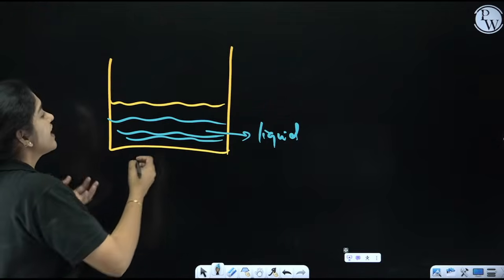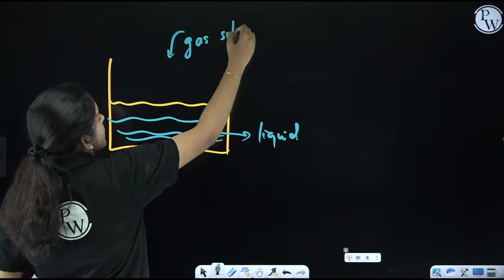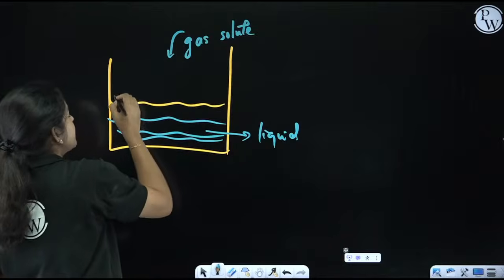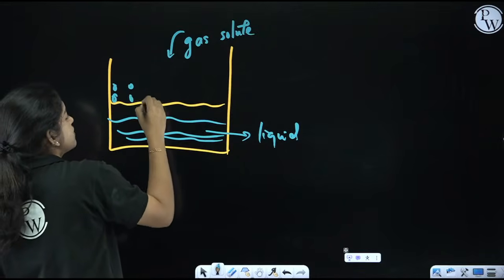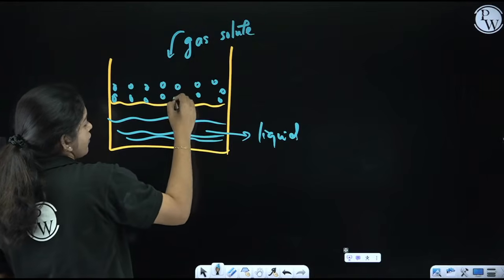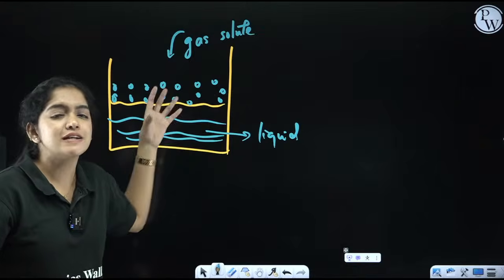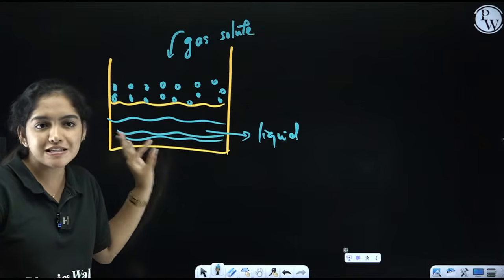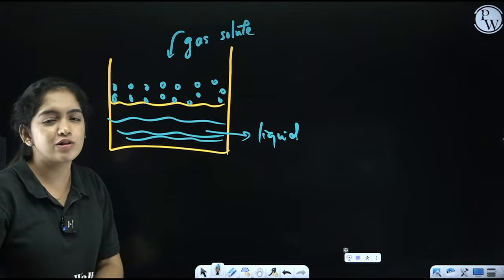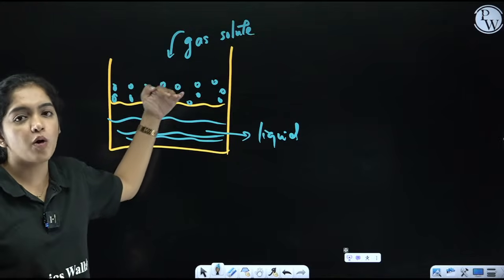So we are going to mix some gas. Gas is the solute here. Solute means present in lesser quantity. So the top portion will be filled with gas molecules. So gas molecules are present on the top of the liquid. Now what will happen? Will the gas dissolve in the liquid? Is it possible to dissolve the gas? How can we dissolve the gas in this liquid? We can apply pressure on top of the gas.